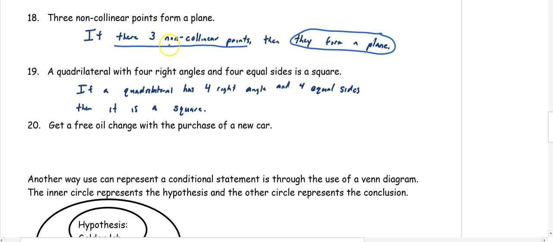So in this case, our hypothesis is a quadrilateral has 4 right angles and 4 equal sides. Our conclusion is it is a square.